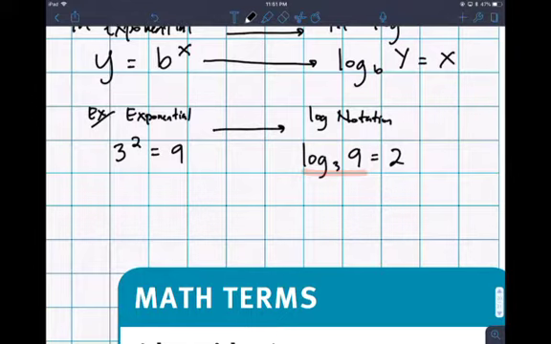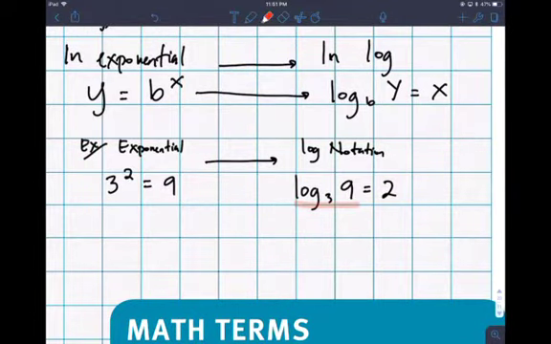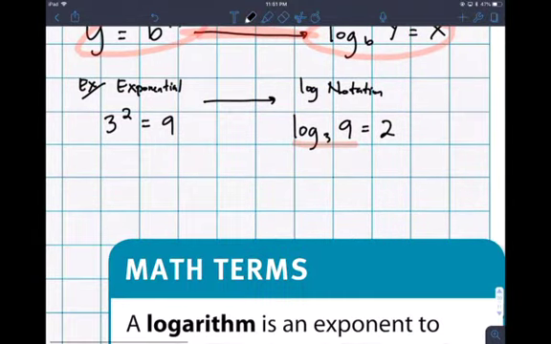As we do this, I'm going to remind you to go back to this part right here, guys, because when we're working with logs, I'm going to ask you to visualize it as an exponential function.